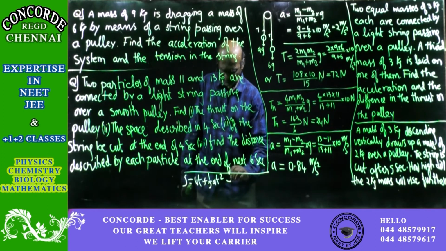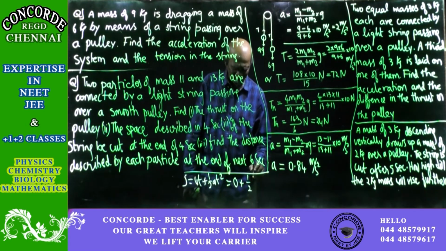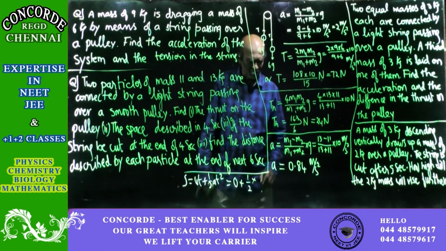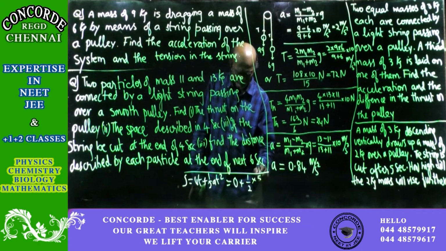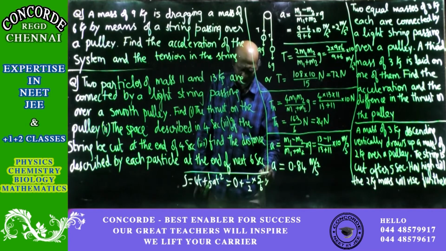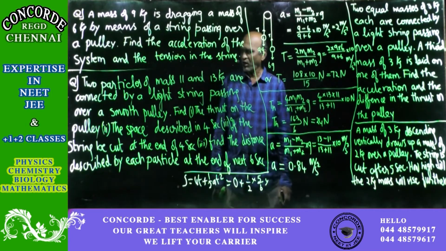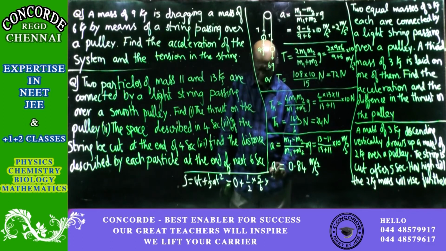So now substituting u is 0, then plus half into the acceleration a we have found out to be equal to 5 by 6, and that only is 0.84, into t square at the end of 4 seconds. So t square will be 4 square.